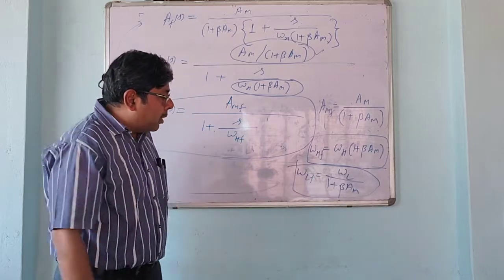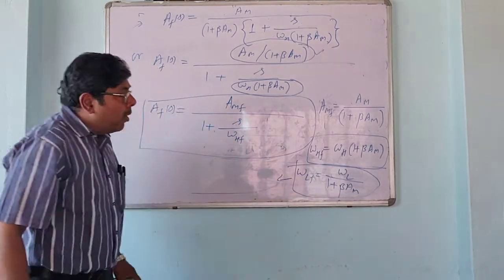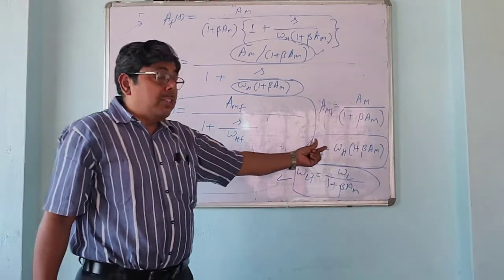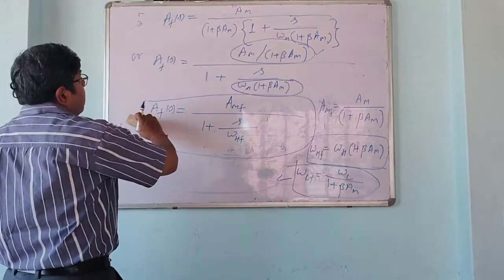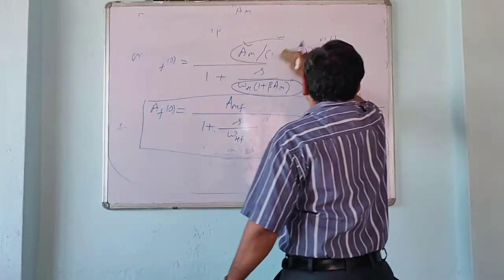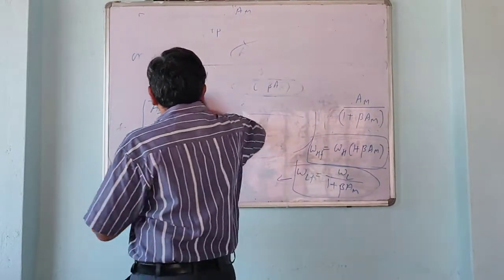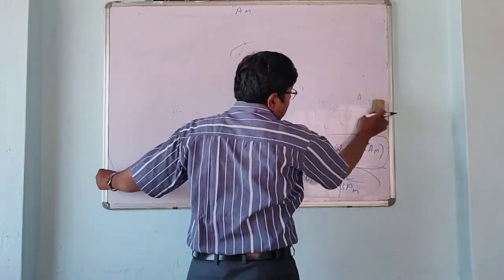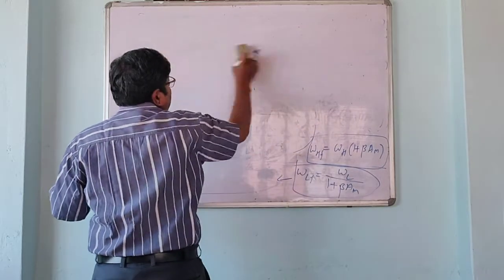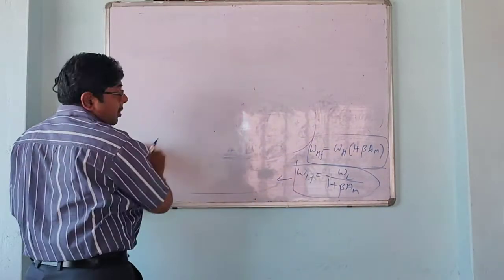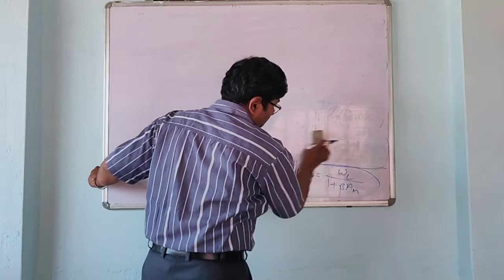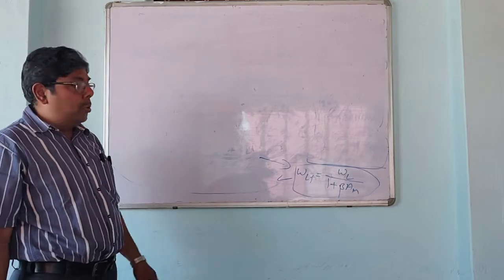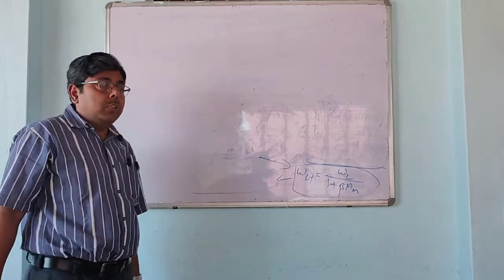So this is one part where we have shown that the upper 3 dB frequency is increased. Now come to the second part. To show the remaining part, we can use the other two equations, meaning the gain for the lower frequency response. So now we will focus on how we will show the lower 3 dB frequency.